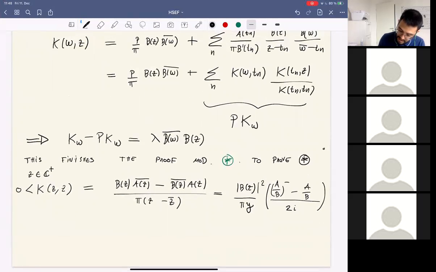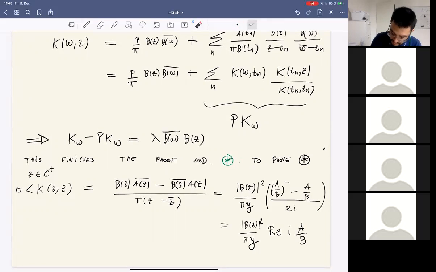Okay, and that is the real part of i A over B, isn't it? Yes, because this would be the imaginary part minus the imaginary part of this guy, which is the real part of i times this guy.